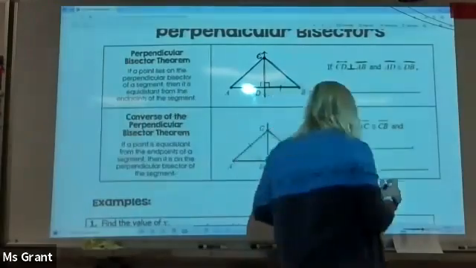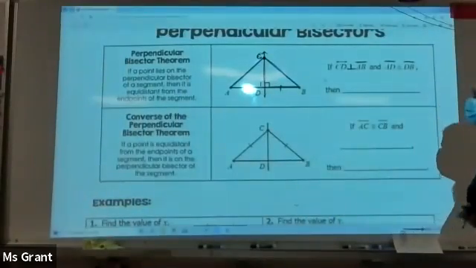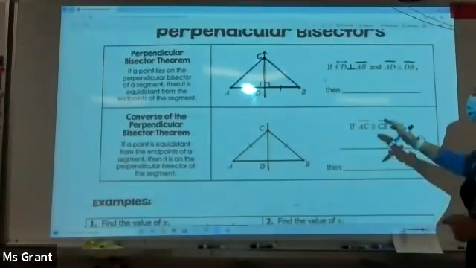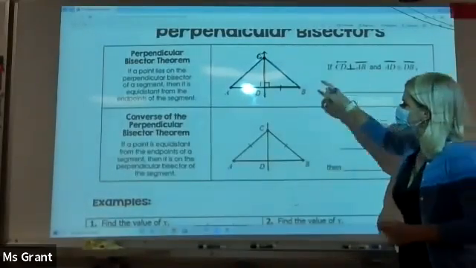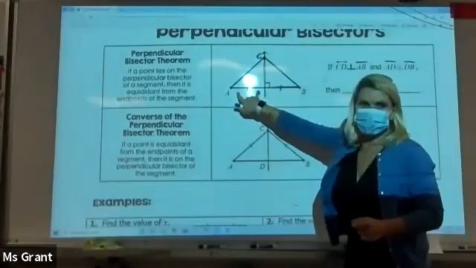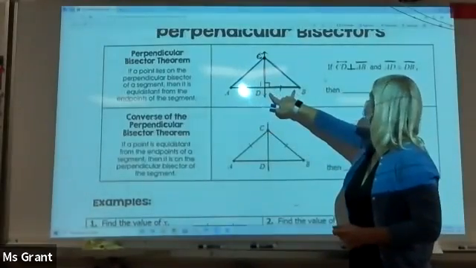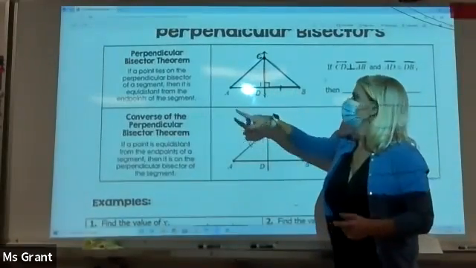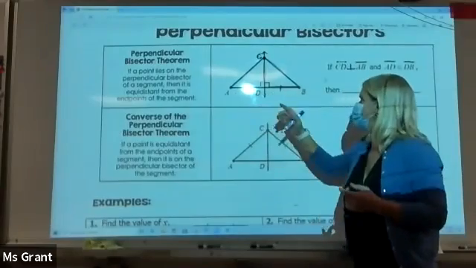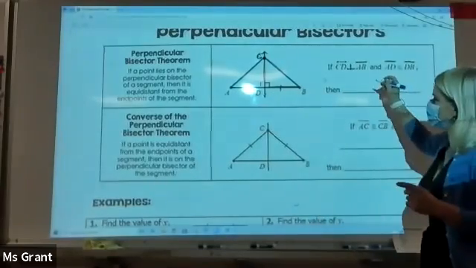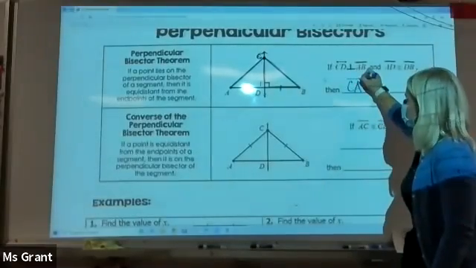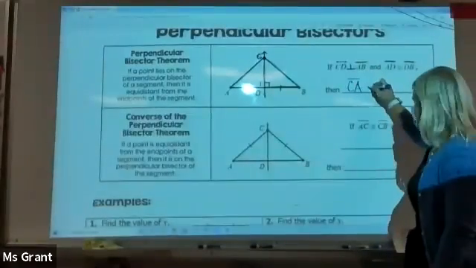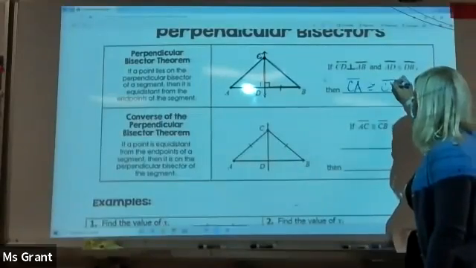So that means that if CD is the perpendicular bisector of AB and AD is congruent to DB, then segment CA is congruent to segment CB.